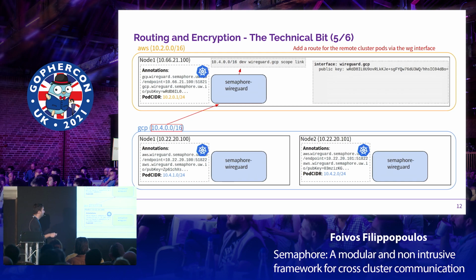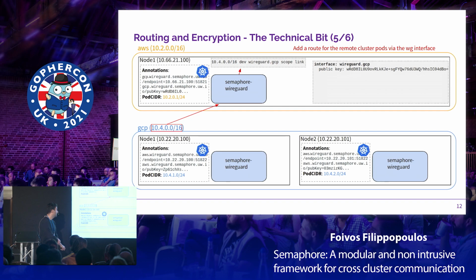Next, we want to route the full pod subnet for the remote cluster, all from the single WireGuard interface we have on the host. So if I'm running something on AWS Node 1 and I want to hit a pod that's under 10.4, the route is going to be a single one, and it's going to go via the local WireGuard interface.